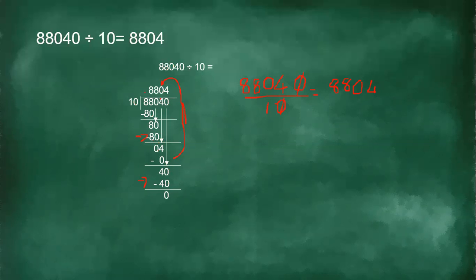Also, another thing about long division is that you must never find that you have a remainder that is more than your divisor. And you must always be subtracting multiples of your divisor.